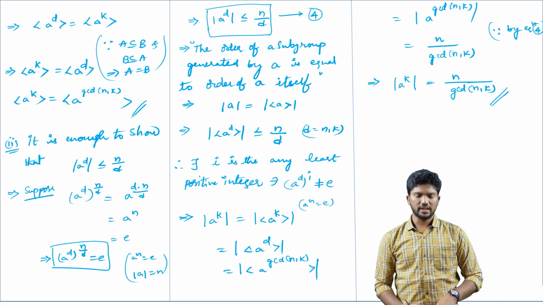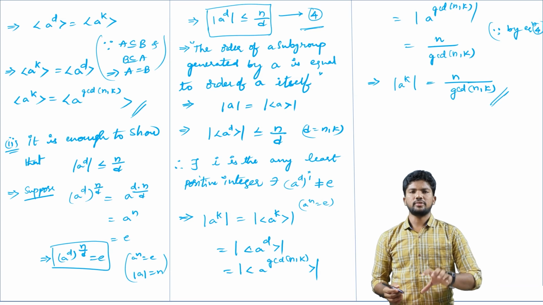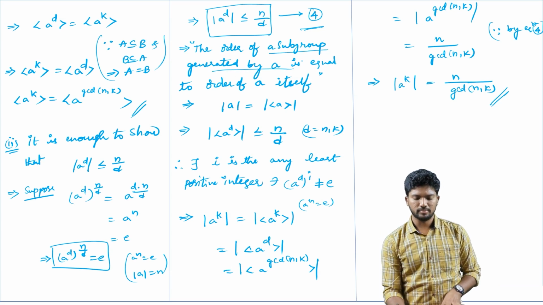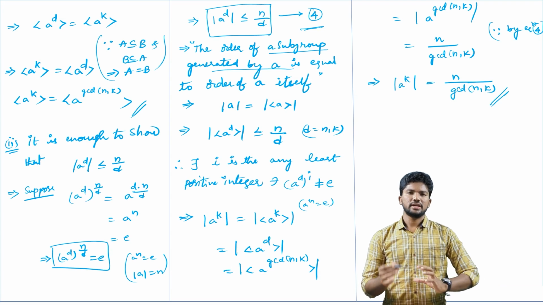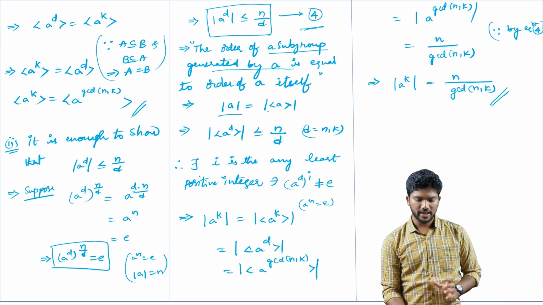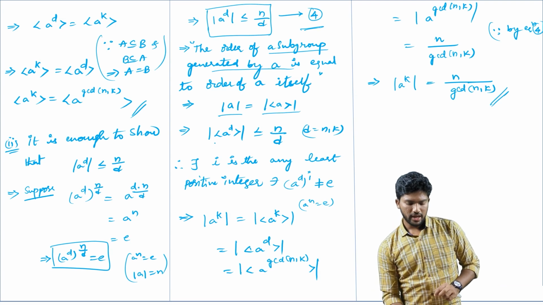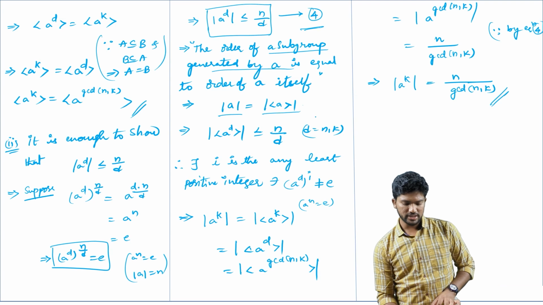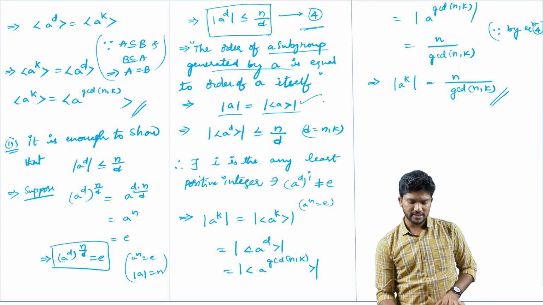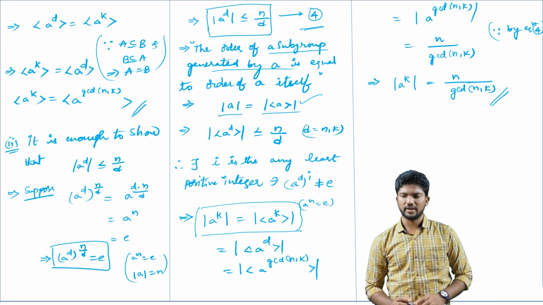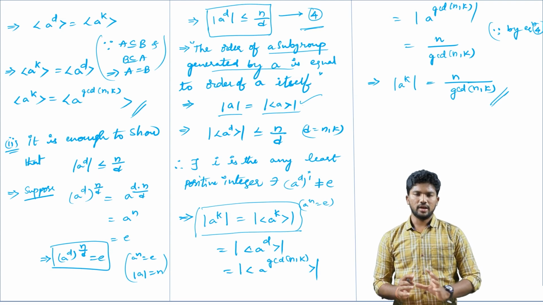So this is the proof of the second condition. After getting equation number 4, we took one of the adapted conditions from the cyclic group: the order of the subgroup generated by a is equal to its own order. That means order of a is equal to the order of the cyclic group generated by a. Now the order of a power d is less than or equal to n by d. So the order of a power k is equal to the order of the cyclic group generated by a power k.